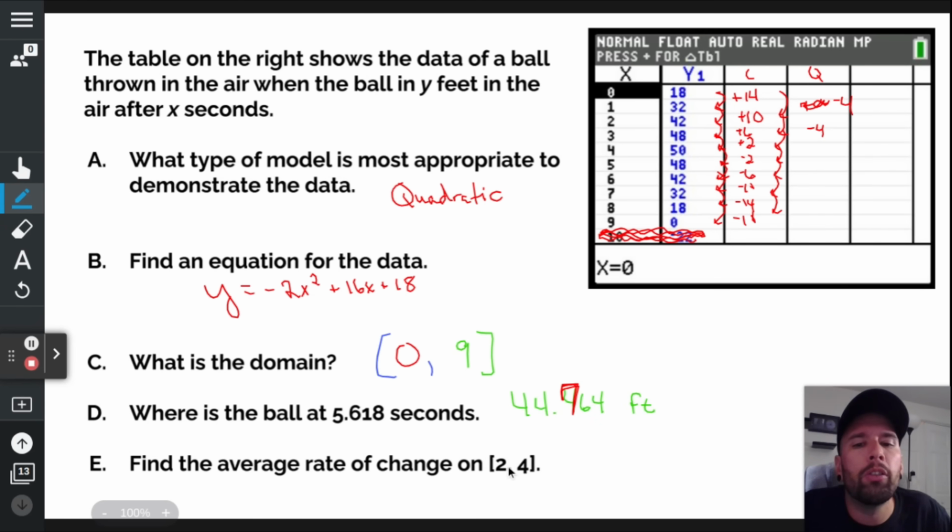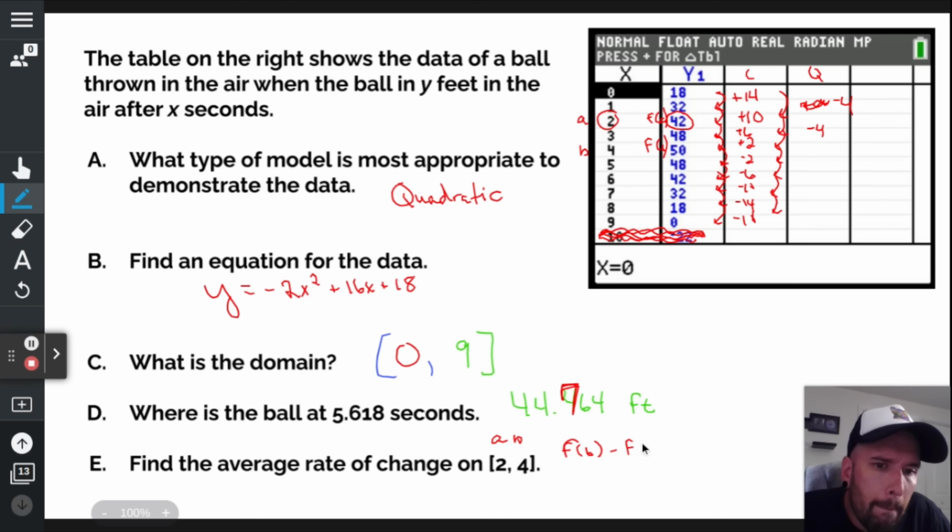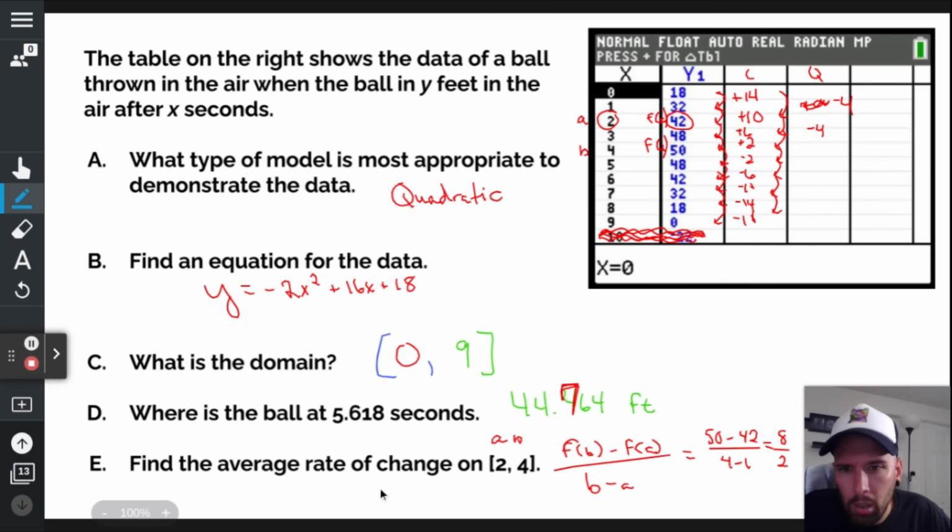Find the average rate of change on 2, 4. Now, before you're like, ugh, it's not that bad. 2 is A, so I'll call you A, which means I'll call you f of A. 4 is B, so I'll call you B, and I'll call you f of B. F of B minus f of A over B minus A is going to be 50 minus 42 over 4 minus 2. 8 over 2 is 4.